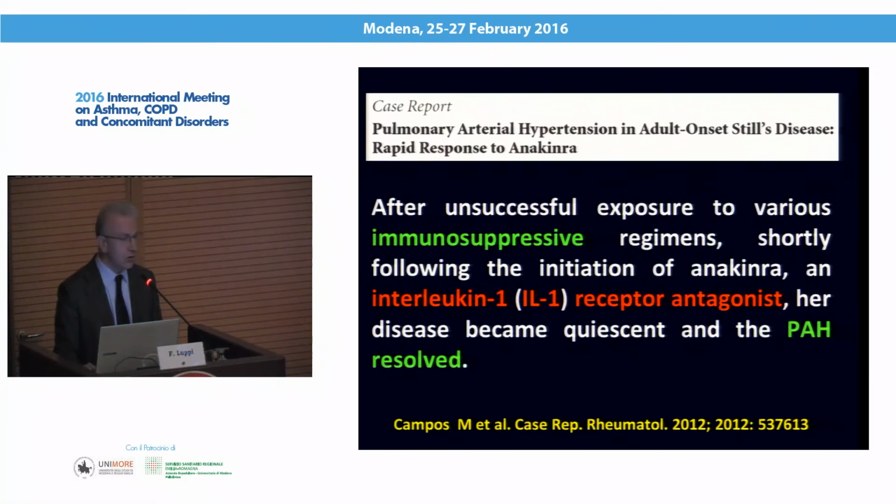And although these are only case reports, it has been observed in a patient with adult onset Still disease that, after unsuccessful exposure to various immunosuppressive regimens, shortly following the initiation of the interleukin-1 monoclonal antibody anakinra, her disease became quiescent and the PAH completely resolved.